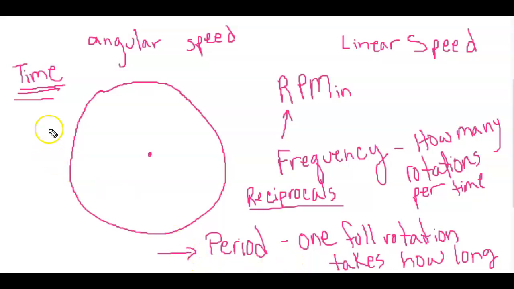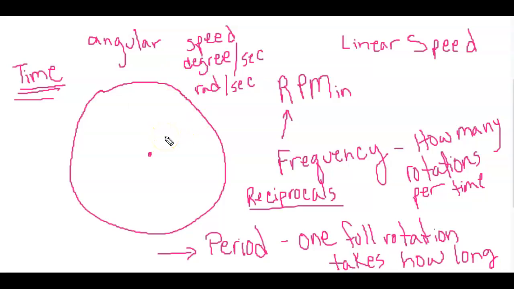What this means is that angular speed is when you're actually giving the angle a rate. So angle per time, it's going to be something like degrees per second or radians per second. We're not measuring a linear distance.